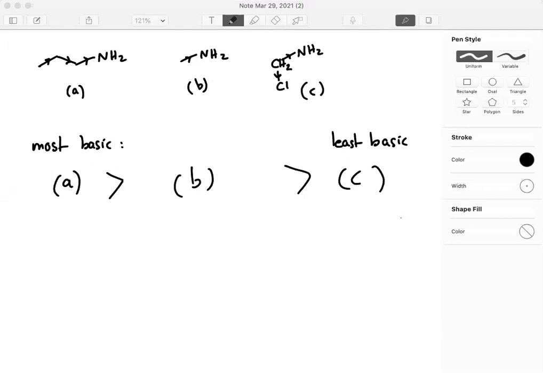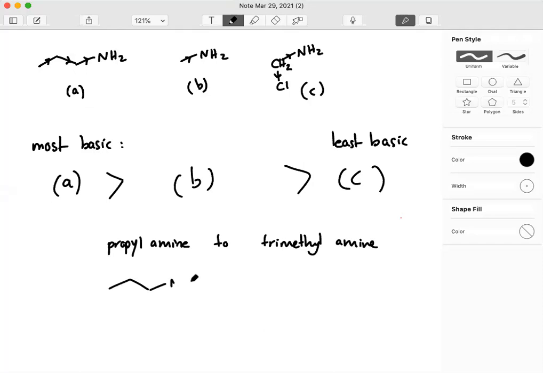That's a good question. يعني انت you want to compare propyl amine to trimethylamine صح؟ Yes. Something like this. Okay, that's a very good question, but this is not straightforward to answer.